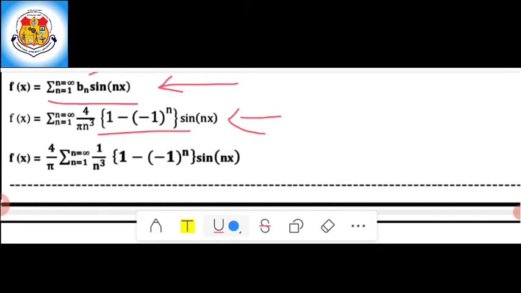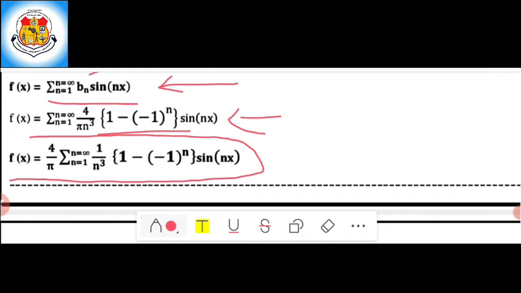Here 4/π is a constant, so we take it outside the summation. The final half-range sine series is 4/π times the summation from n = 1 to infinity of (1/n³)(1 − (−1)^n) sin nx, which is our required Fourier series expansion of the given function.